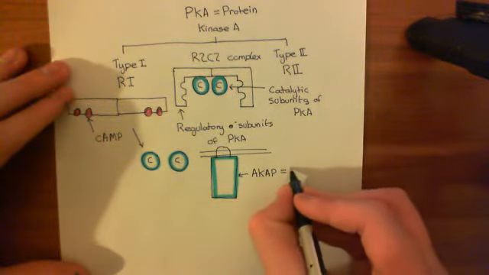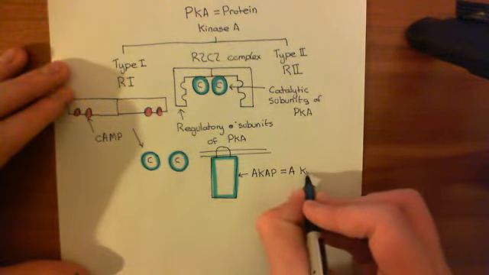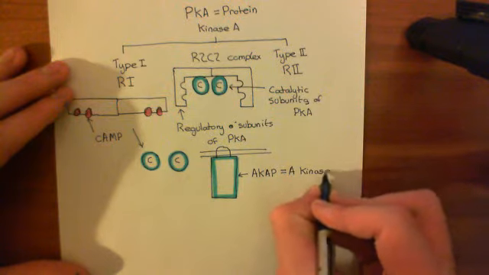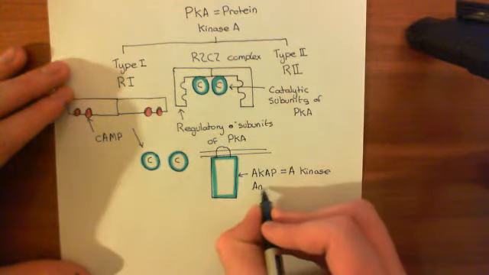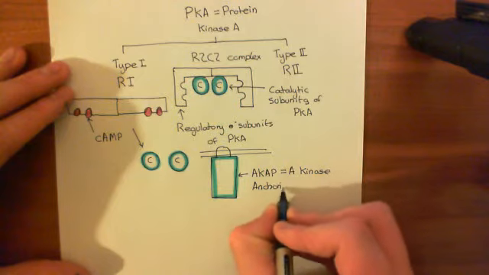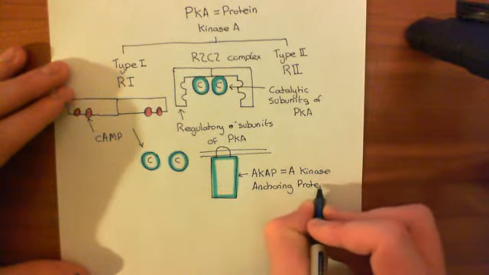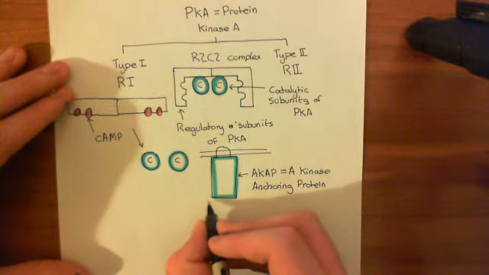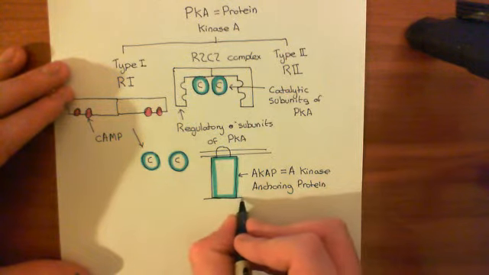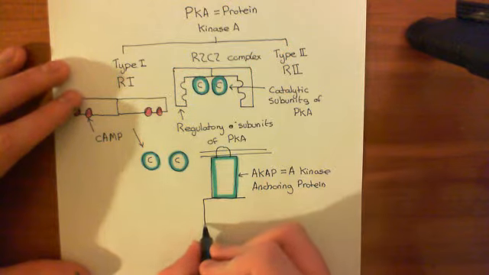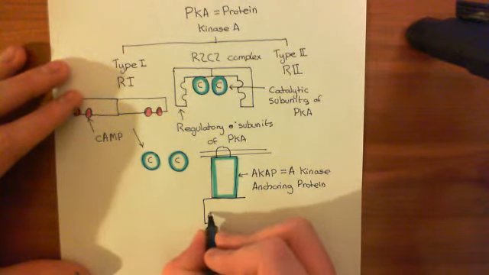So this stands for the A kinase anchoring protein. Okay, and it's called that because it is going to bind protein kinase A to the plasma membrane. Well, it's going to bind protein kinase to it, but then it's bound to the plasma membrane, so effectively it's going to anchor the protein kinase of the type 2.